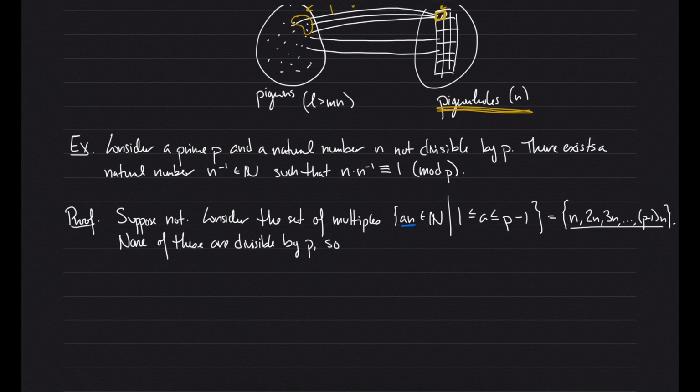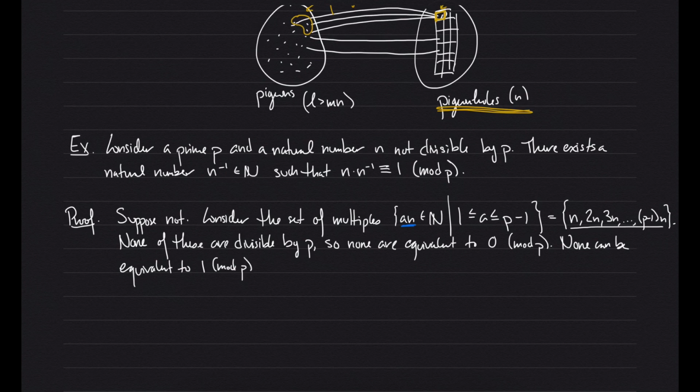So of course p doesn't divide any of the a's. So none of these are going to be equivalent to 0 mod p. And we're also going to say that none are equivalent to 1 mod p.